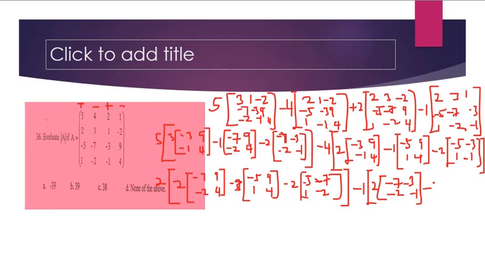So we have minus 3, concentrating on 3, we have minus 5 minus 3 1 and what? Minus 1, okay, and then the last one is what? Positive 1, positive 1, and then we have that minus 5 minus 7 1 minus 2.